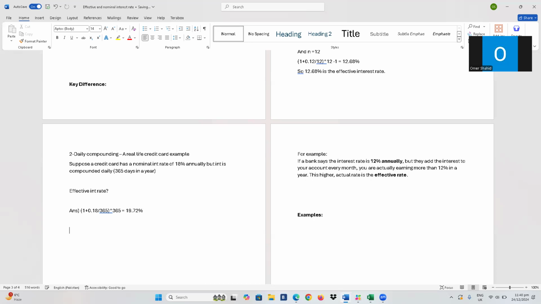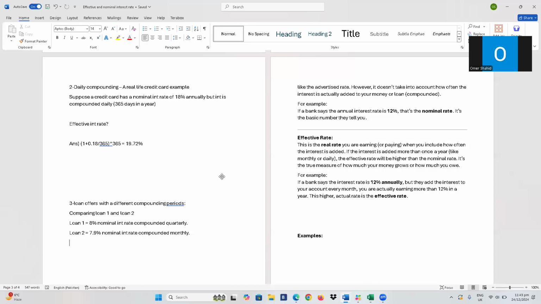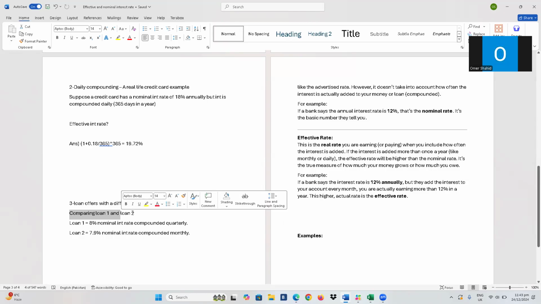Now we are moving towards the third example. This is our example number three. I hope you can see the highlighted portion on the screen. Now they're telling us about loan offers with different compounding periods. We are comparing loan one and loan two.